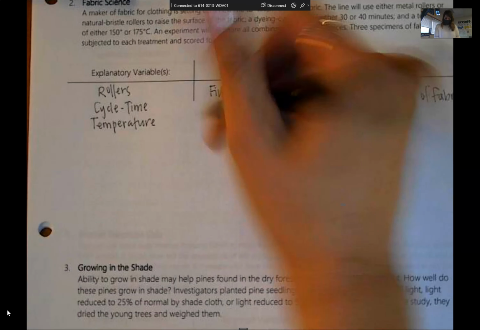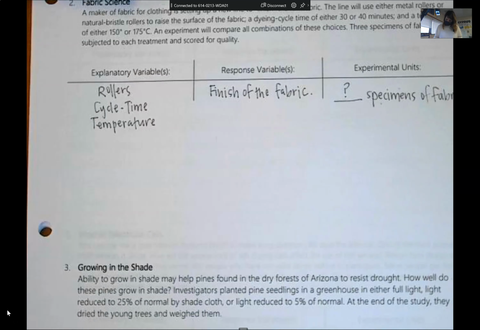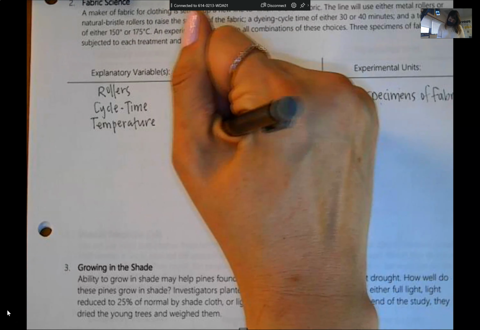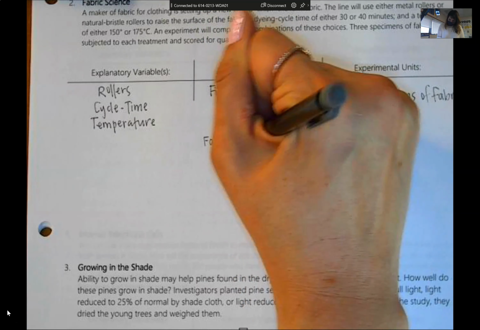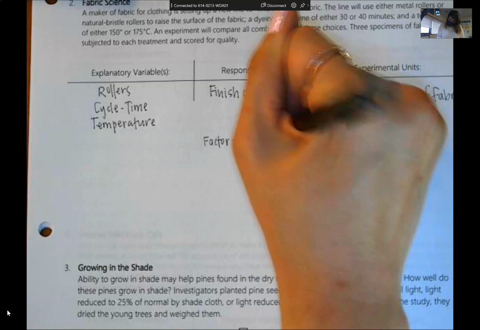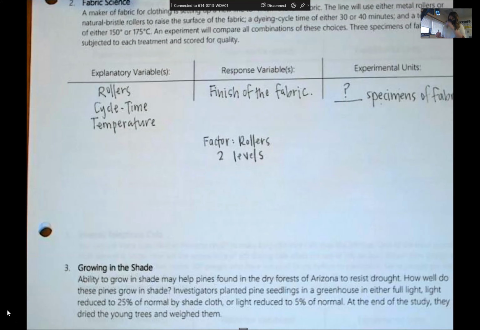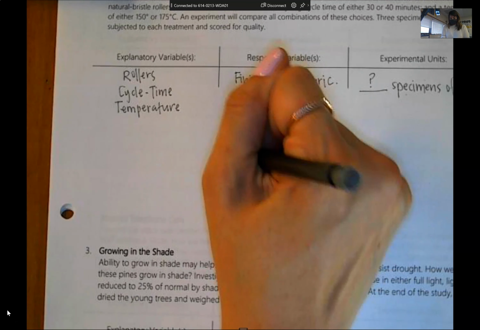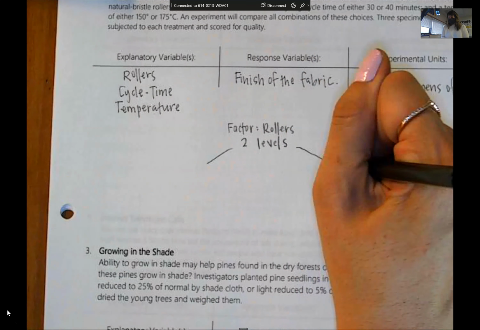And I'm going to use my first factor, rollers. Factor: rollers, 2 levels. And this time, I'm going to split the levels out. So I'm going to go 1 over here and 1 over here.